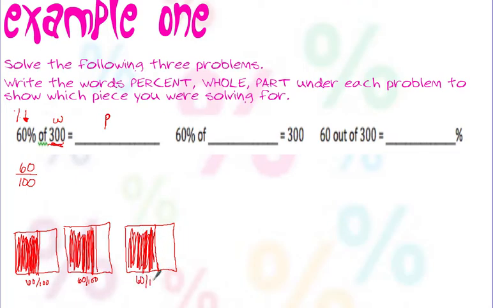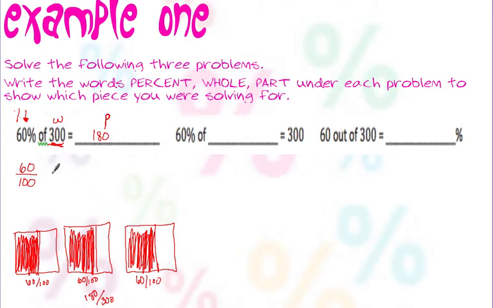If I have 300 pieces and I want 60 out of every 100, which is what we said percent means, that means I want 60, 120, 180. So my part should be equal to 180.